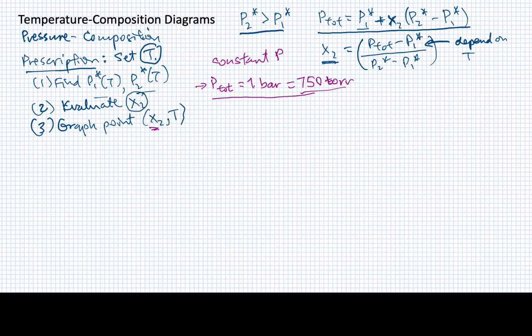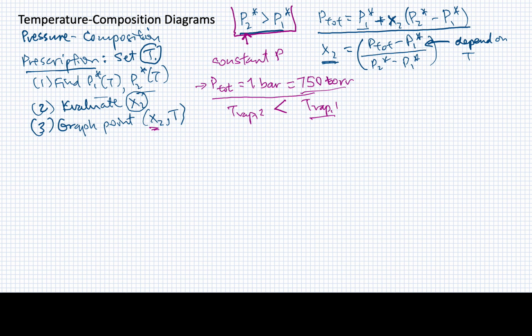All right, so how do we set this up? Well, when we have our second component as the more volatile of the two, what does that mean for its boiling point temperature? Well, the temperature of vaporization of component 2 versus the temperature of vaporization for component 1 is, it turns out, less than. Why is that? Well, if it's more volatile, that means it's easier to lift it into the vapor phase, which means we don't have to heat it up quite as much as we would have to heat up component 1 to get it to the vapor phase.